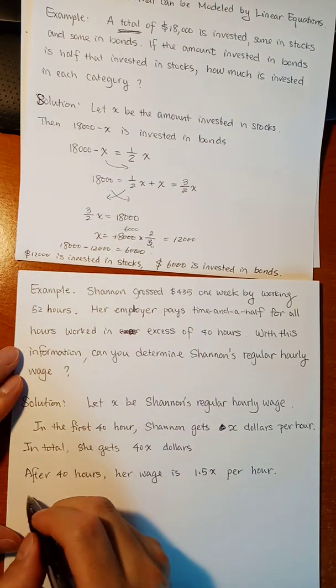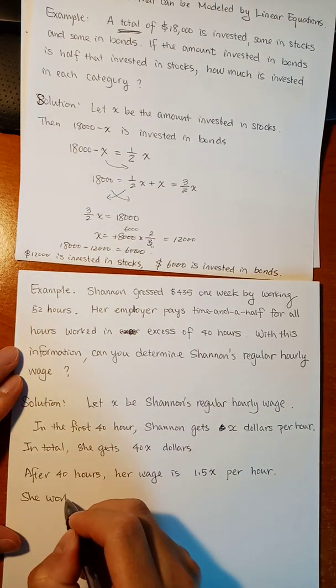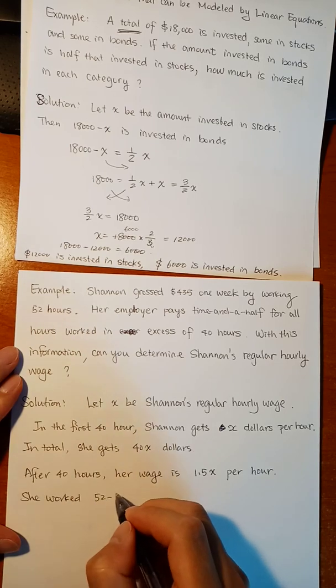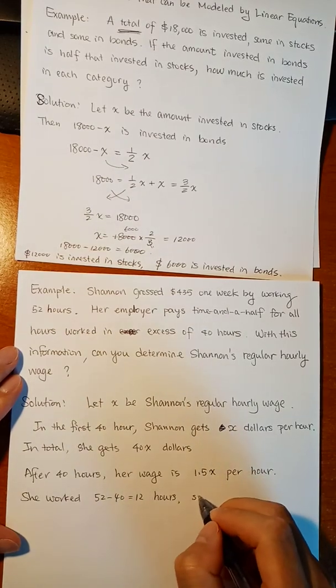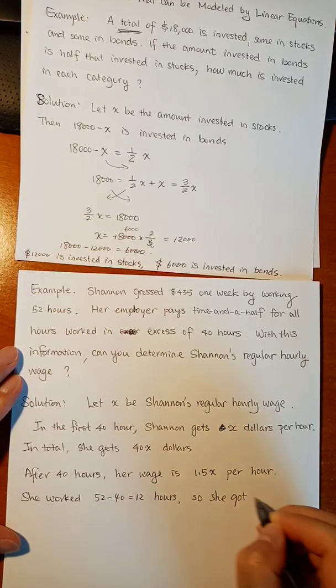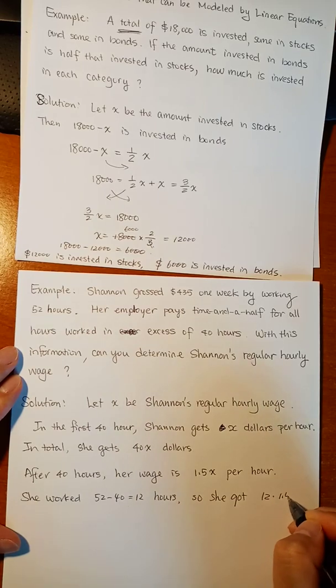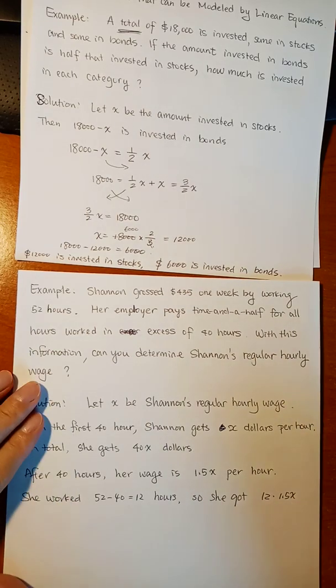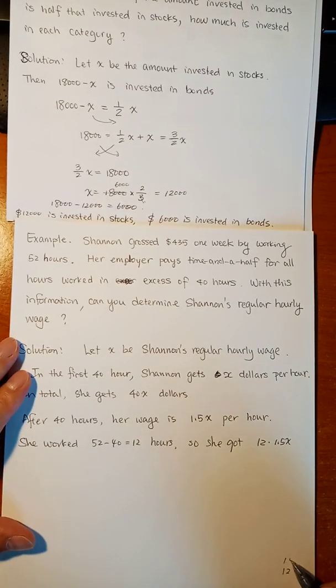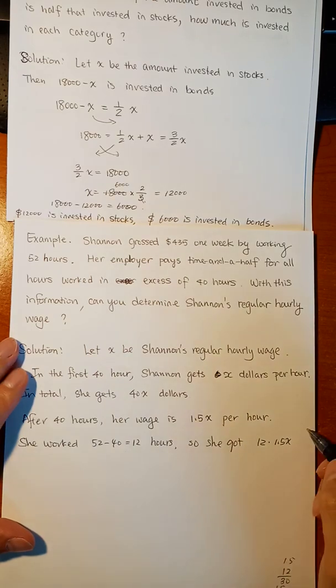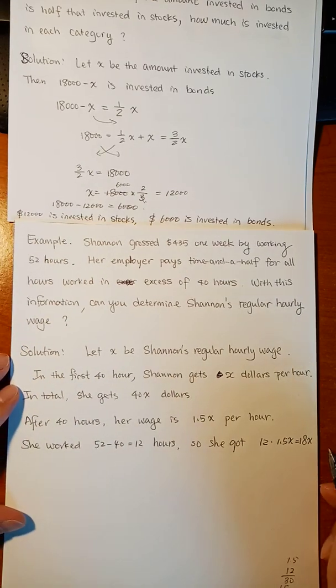And she worked 52 minus 40, 12 hours. So she got 12 times 1.5x dollars. Let's compute 12 times 1.5, 18x. So she got 18x dollars.